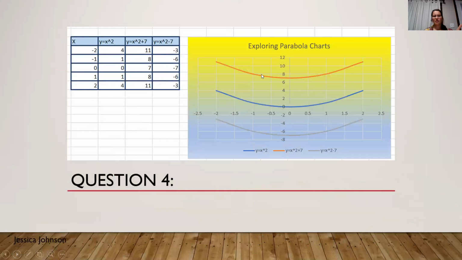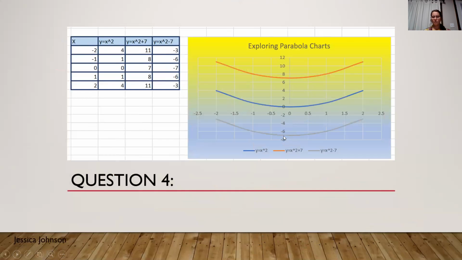And then when we graph these parabolas, we can see that they all have the same bell curved shape, but they're on different spots on the graph. We have y equals x squared plus 7 in the positive, y equals x squared right in the middle, and y equals x squared minus 7 in the negatives.